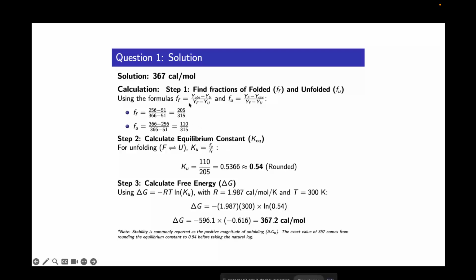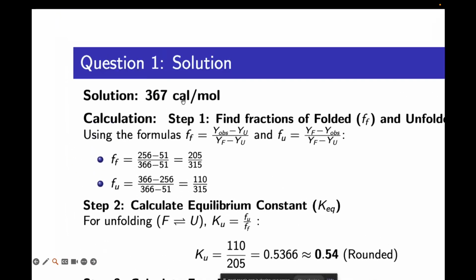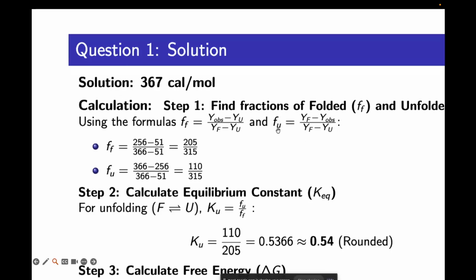So for this you need to calculate the individual rates. The forward reaction would be observed minus unfolded by folded minus unfolded. So this comes to be 205 by 315, and for the Fu as well, folded minus observed by folded minus unfolded. So you do that, and you get this.